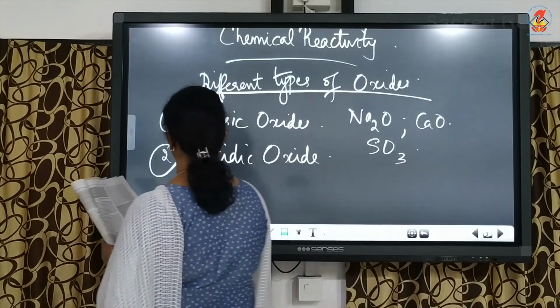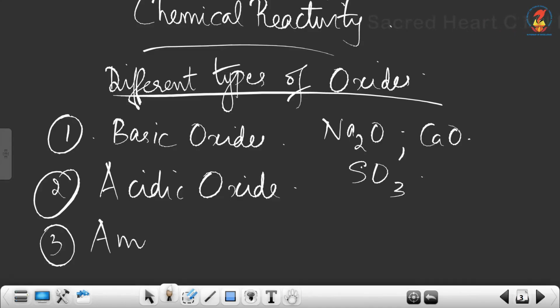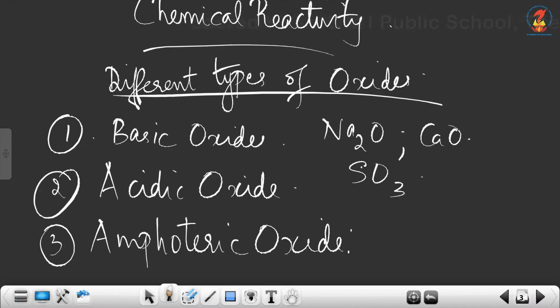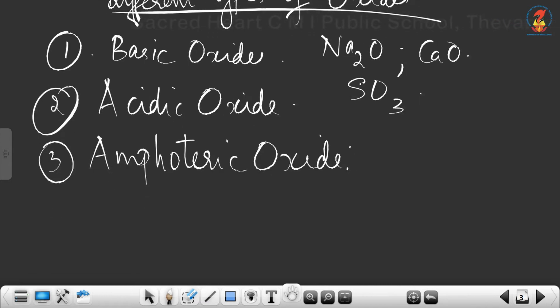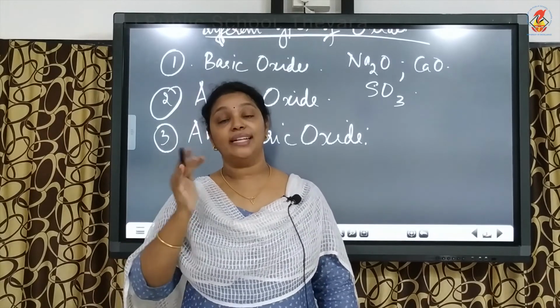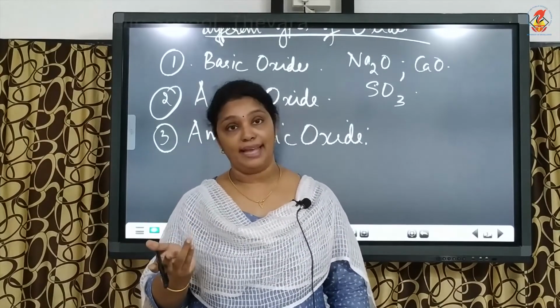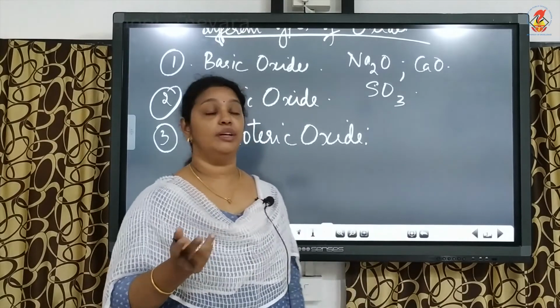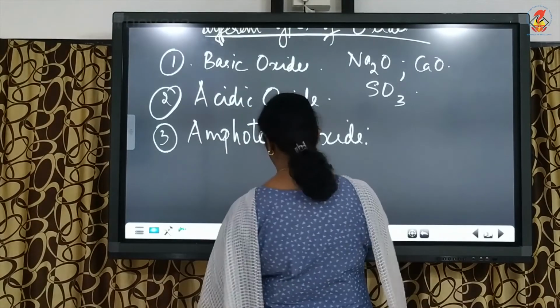Now, the next type of oxide is amphoteric oxide. Amphoteric oxide means oxides which can act as an acid when they combine with base, or they act as a base when combined with acid. An example for amphoteric oxide is aluminium oxide.